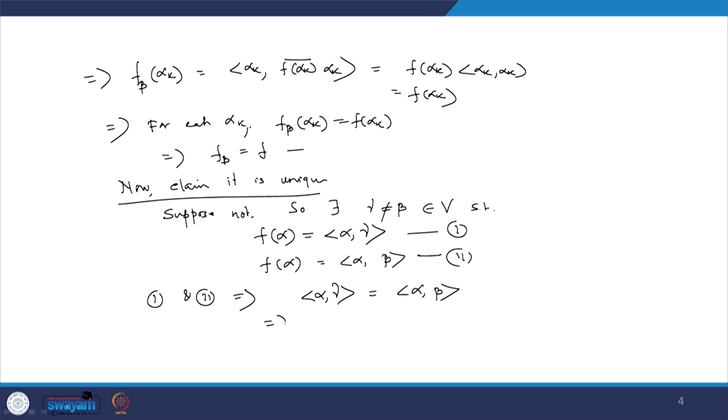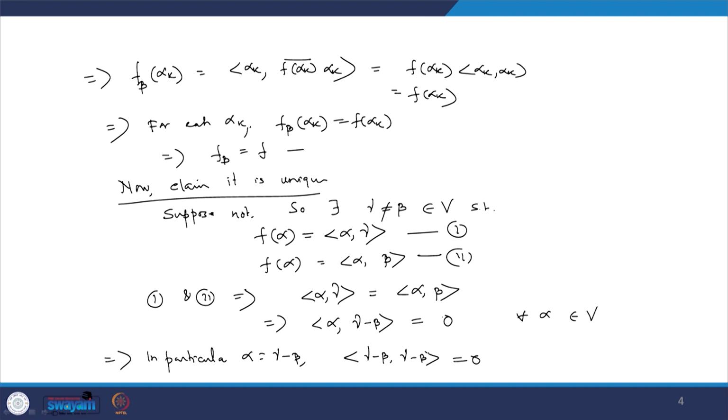So, this implies inner product of alpha and gamma minus beta equal to 0 for all alpha belonging to V. So, this implies in particular, when alpha is equal to gamma minus beta, we have inner product of gamma minus beta and gamma minus beta equal to 0.